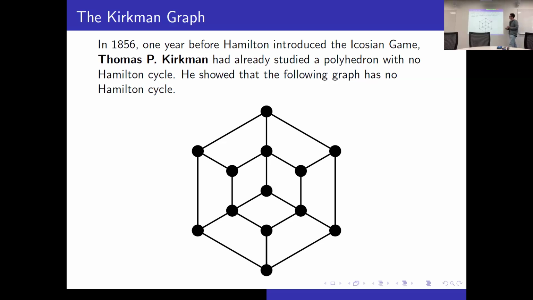Anyway, he gives probably the first example in the literature of a polyhedral graph that has no Hamilton cycle. And this is the Kirkman graph, which has 13 vertices. And it has no Hamilton cycle.